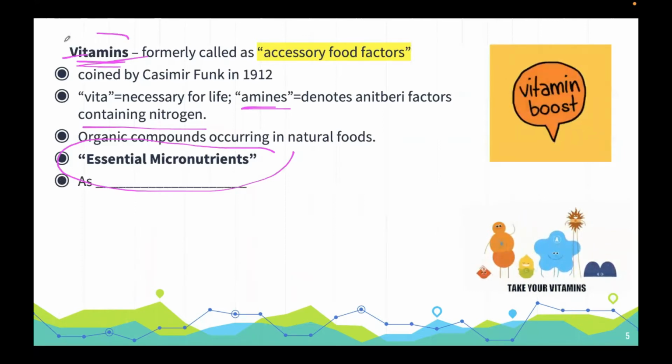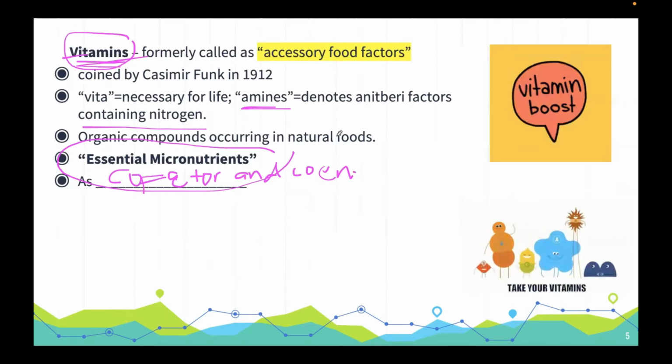So your vitamins, tingnan po ng maigi, they can serve as cofactors and coenzymes. Ma'am, pwede pala yun. Yung mga vitamins natin, they can serve as cofactors and coenzymes. Tandaan, yung mga cofactors and coenzymes natin, they are what we call your helper molecules.